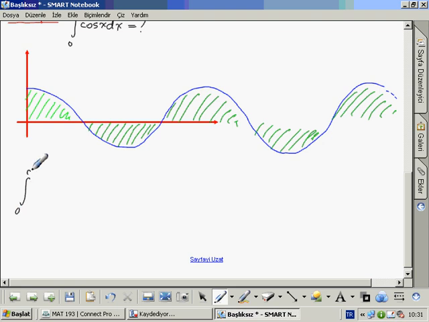The integral from 0 to infinity of cosine x dx equals the limit as r approaches infinity of the integral from 0 to r of cosine x dx, which equals the limit of sine r.